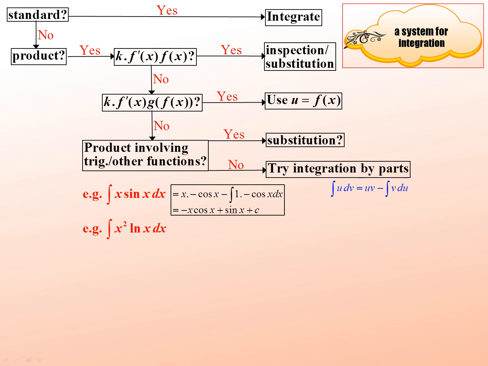In this case, we'll take that as the function v, which is already dv, and that as the u. I don't want to make this the dv, because then I'd have to integrate it, and I just cannot integrate it at the moment. But I can integrate that and differentiate that. So there is your integration by parts.